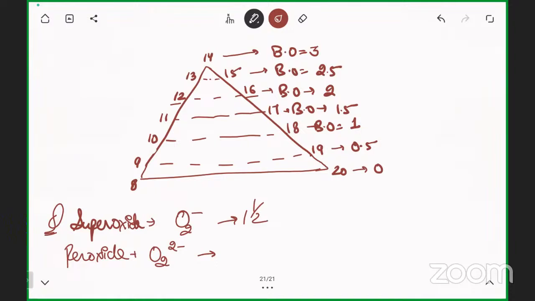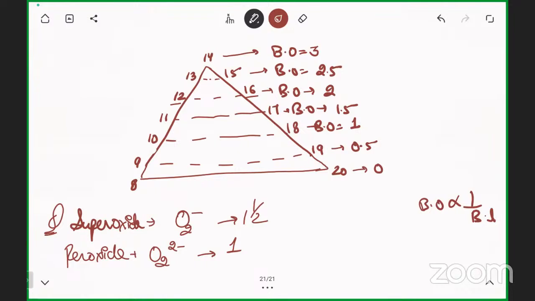O2 has 16 electrons. With the minus sign it becomes 17. A 17 electron system will have bond order 1.5. Okay, O2 2 negative: 16 electrons plus 2, an 18 electron system. Bond order will be 1. And we have learned that bond order is inversely proportional to bond length. Now tell me, which one has the highest bond length?